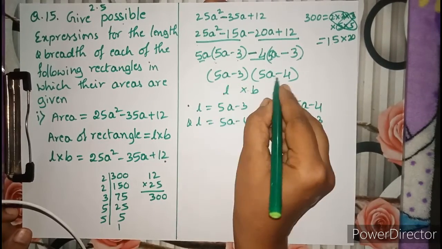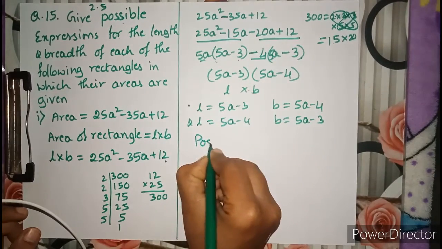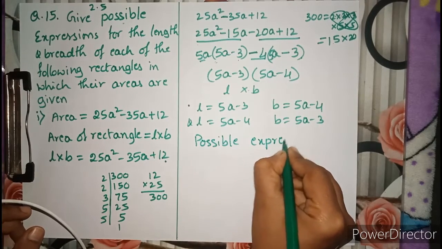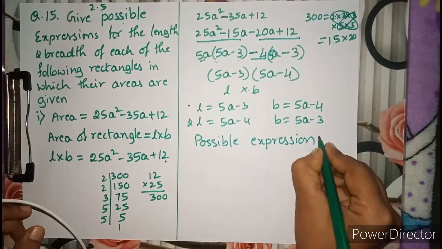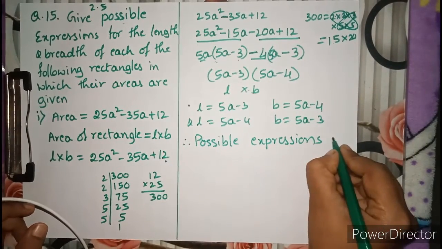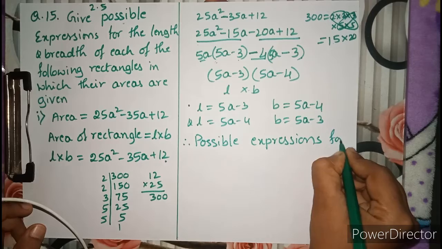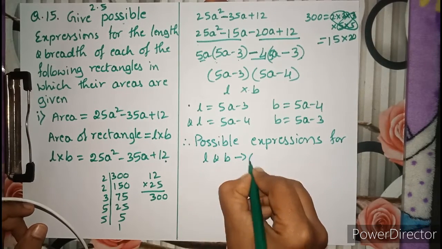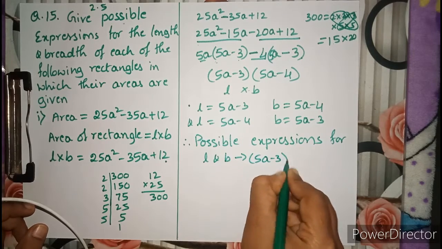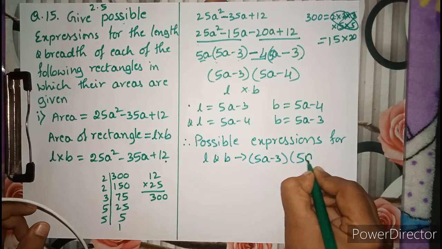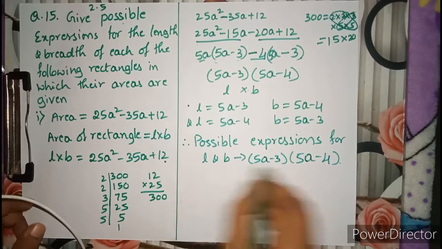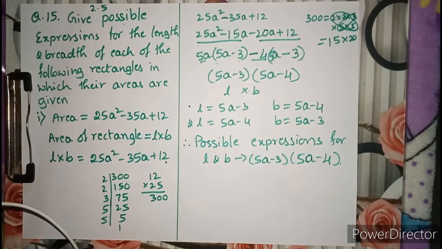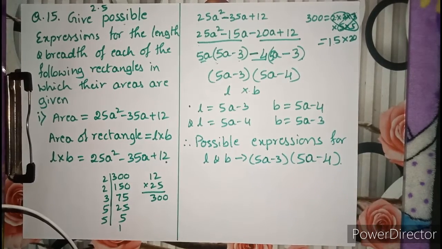These two are the possible expressions for length and breadth: 5a minus 3 and 5a minus 4. These are the factors of this equation, and this is the solution.